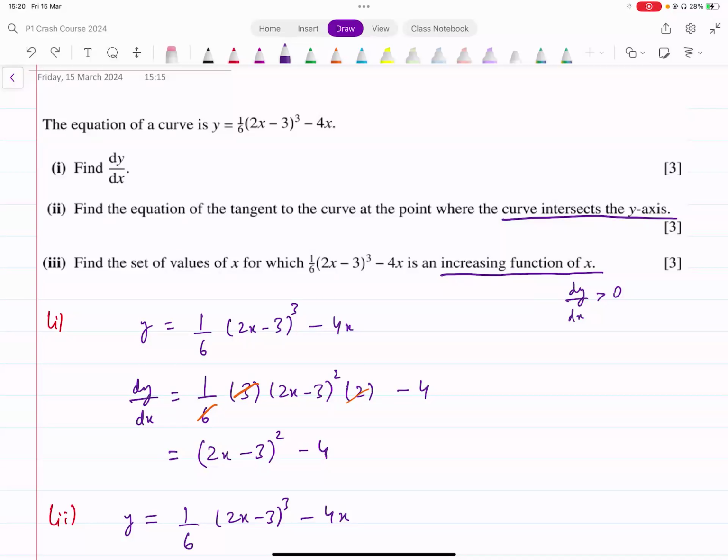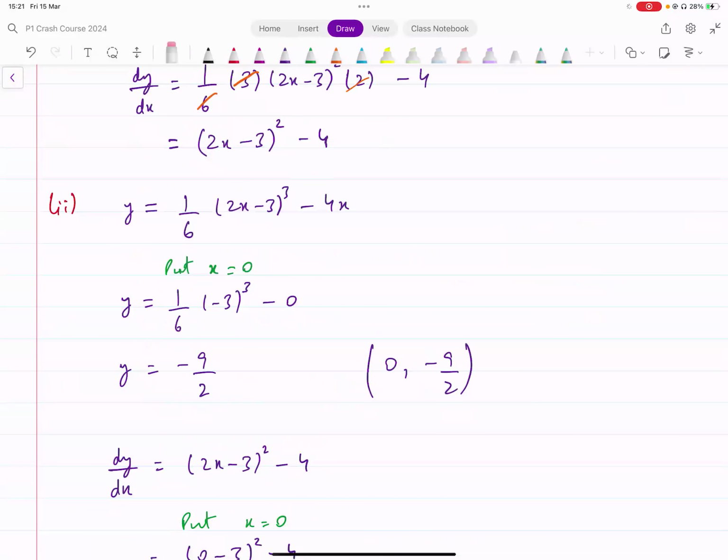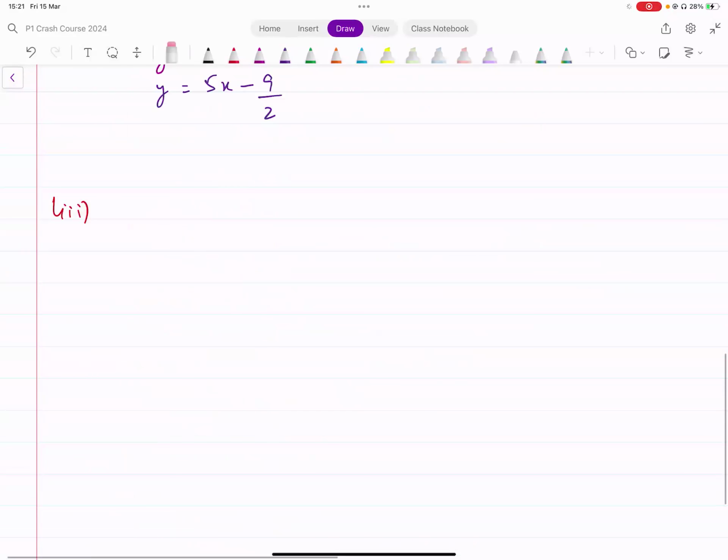Now we have already found dy over dx. We found that in the first part. Let's put that here. dy over dx is equal to (2x minus 3) whole squared minus 4.